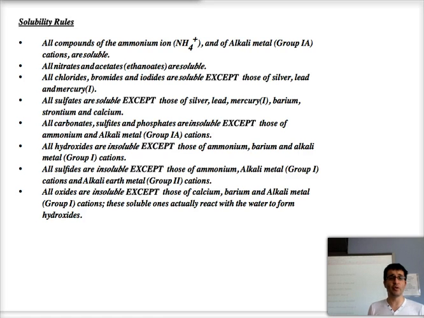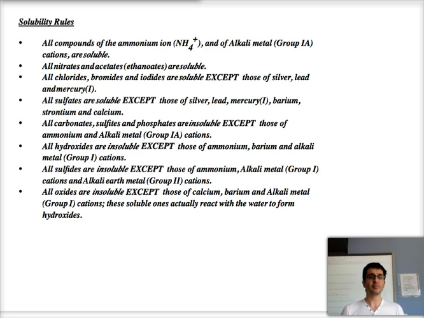First, and this is the most important one, all compounds that contain the ammonium ion or alkali metals, i.e. metals from group 1, are going to be soluble. So any sodium, lithium, or potassium salts will be soluble. Similarly, rule 2 tells you that all nitrates and acetates are also going to be soluble. So if you have iron 3 nitrate or tin 2 acetate, those will also be soluble.